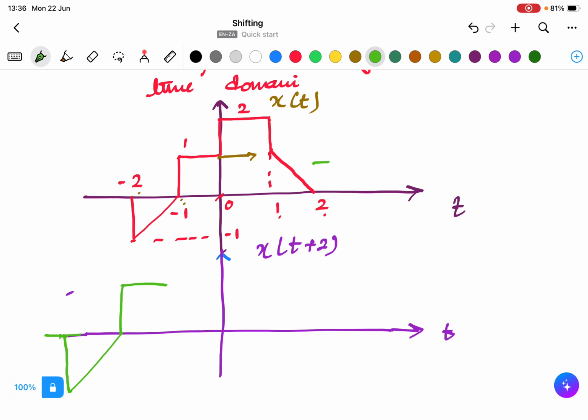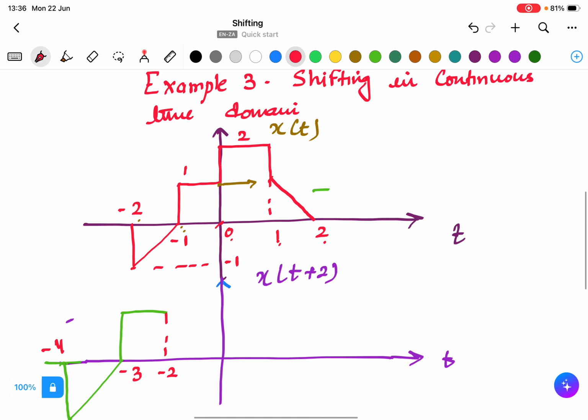So this is your minus 4, this is your minus 3, and 0 will go to minus 2. This is the value of 0 here, and whatever is at 1 will go to minus 1.